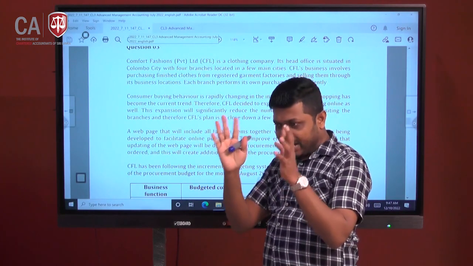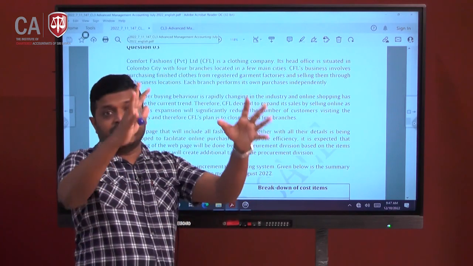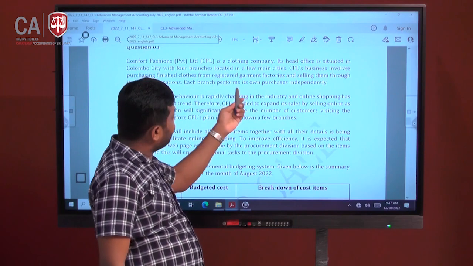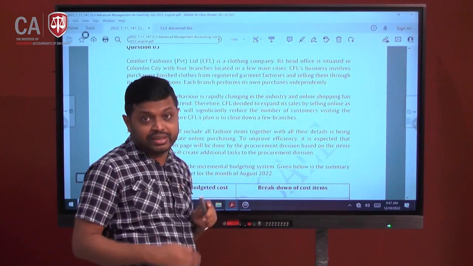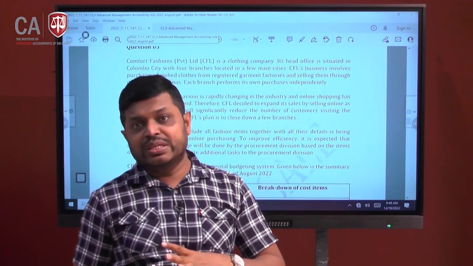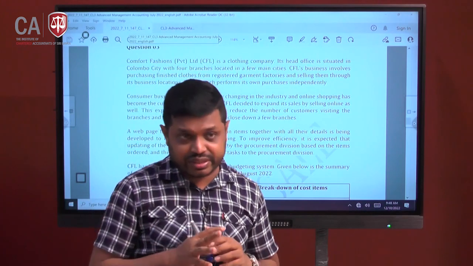They will purchase from the garment factories and sell from their retail outlets. Each branch performs its own purchases independently. A branch can decide at which price they are going to purchase and at which price they are going to sell. They are independent in purchasing, right.